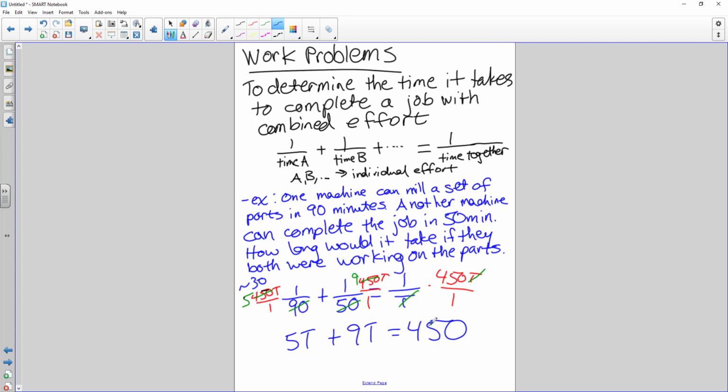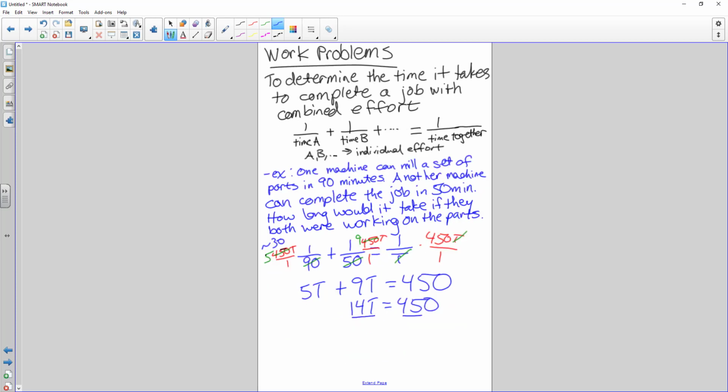So now I don't have any more fractions, so I can combine. 5 plus 9 is 14. 14t equals 450. Divide by 14. Let's see if we get close to our estimate, and this comes out to 32.14 minutes, so pretty close to our estimate.